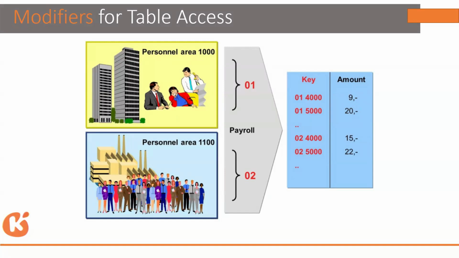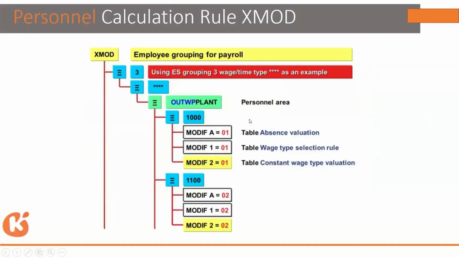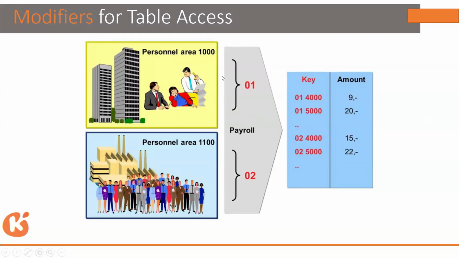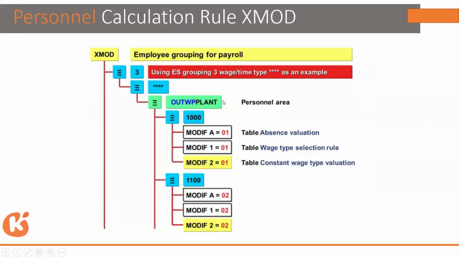But basically, if there is a split, in that case you will have to go ahead with all these splits. Now here, this is one of the PCRs which you can see coming here as X mod. X mod is actually a very important PCR. Here you can see with the plant wise they have segregated, so you will have to write this PCR. You can see when model is OUTWP, then it is reading the personal area.